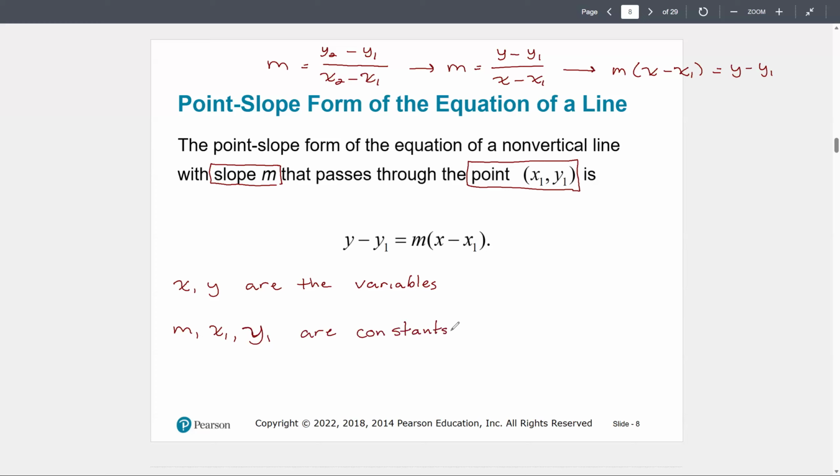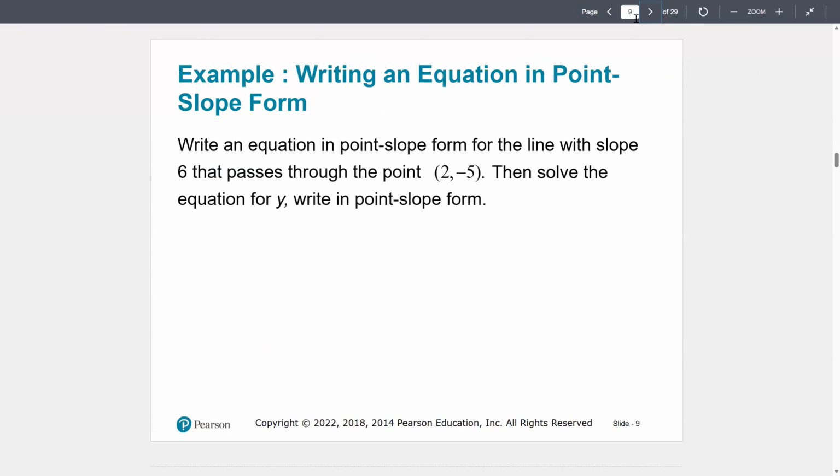We are going to know a value for them. Just remember, x and y without any subscript are variables. That's where this one gets people confused: they keep trying to find something to stick in for those points.